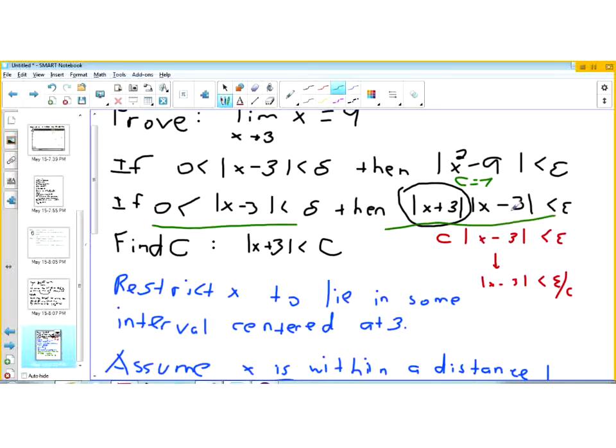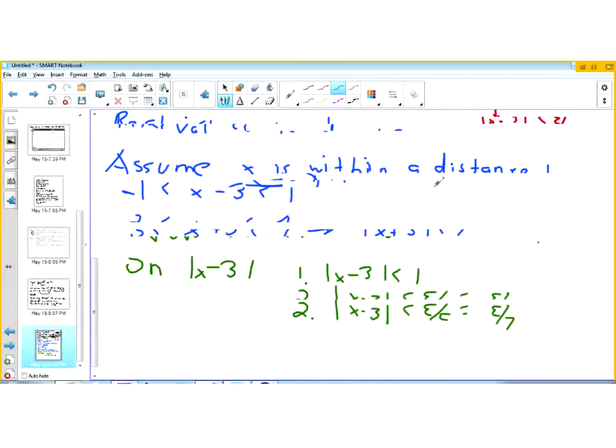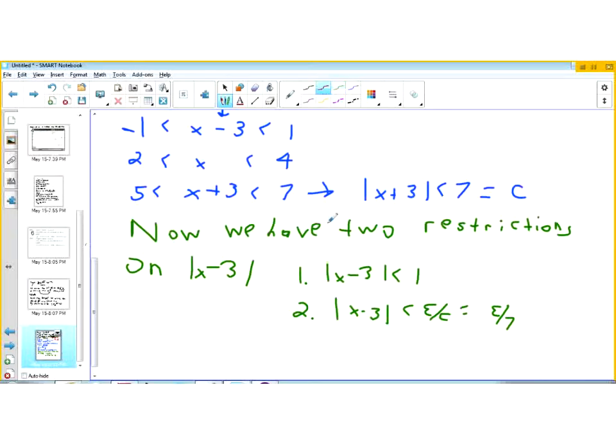So to make sure that the two inequalities, the if-then statement, are satisfied, we have to take the minimum of our choices for delta.